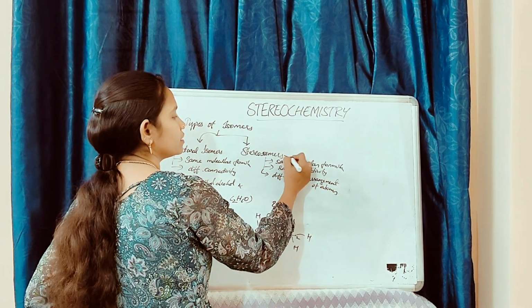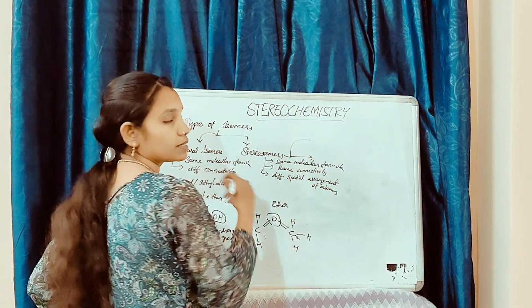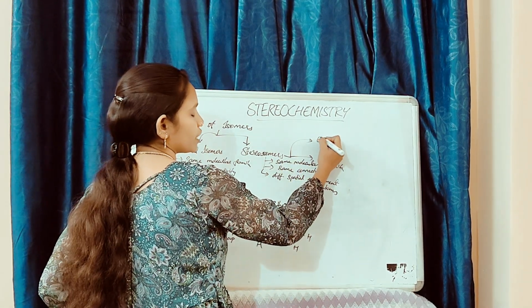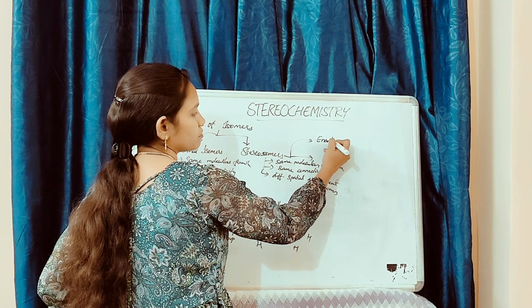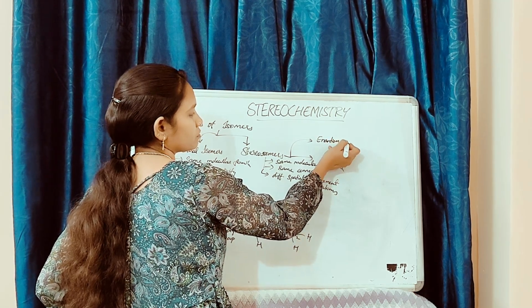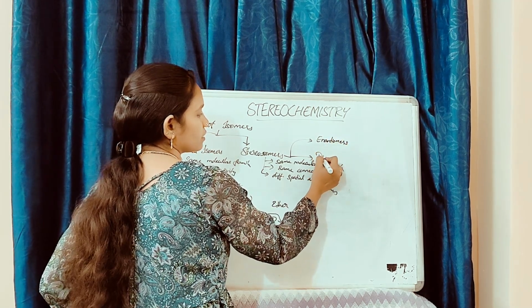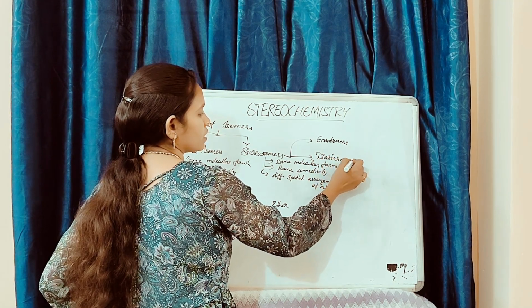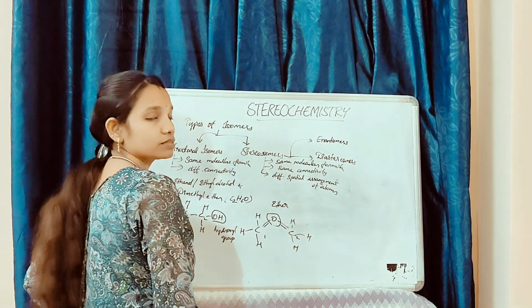These are categorized into enantiomers and diastereomers. About this we'll discuss further.